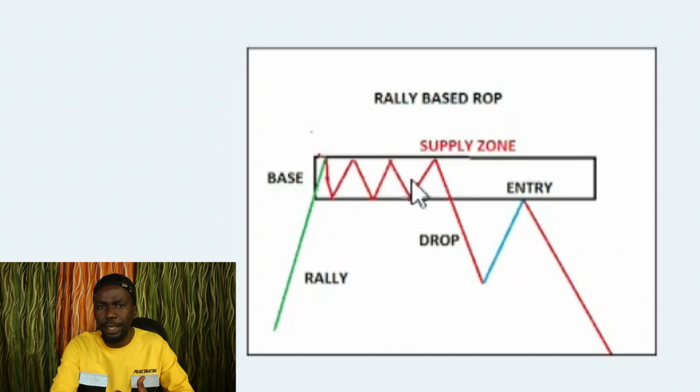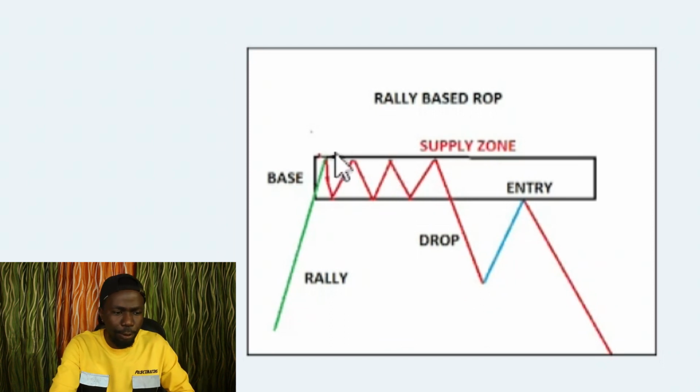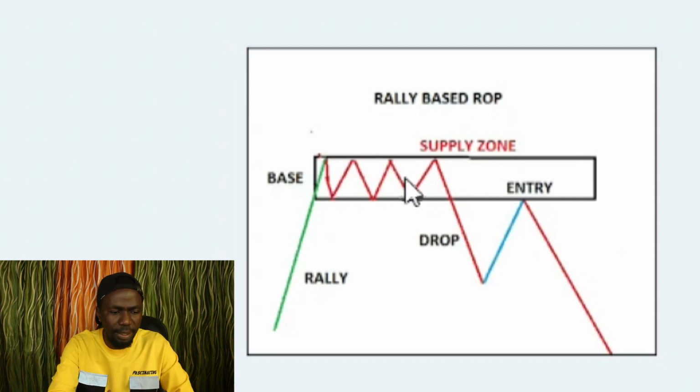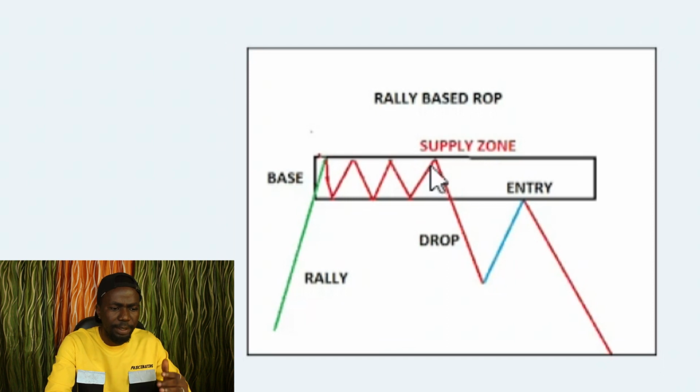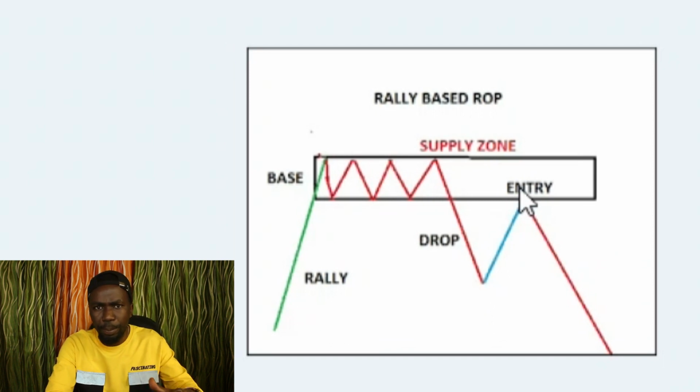So what you have to do is use a rectangle tool to connect the highs and the lows of the range and extend it. You are now waiting for the price to make a retracement to this supply zone for you to place your sell trade. You can clearly see that after the price breaks below the support level, the price makes a retracement to the supply zone and then continues going down.